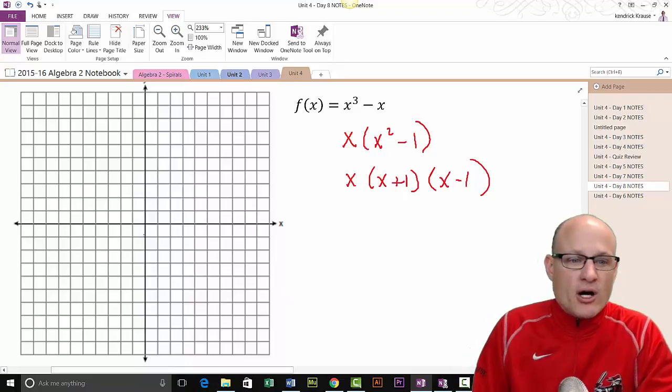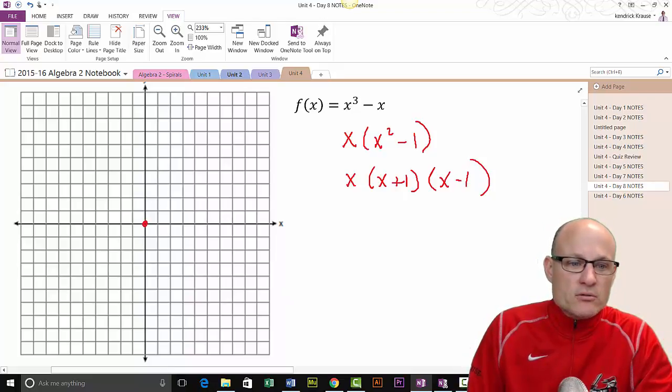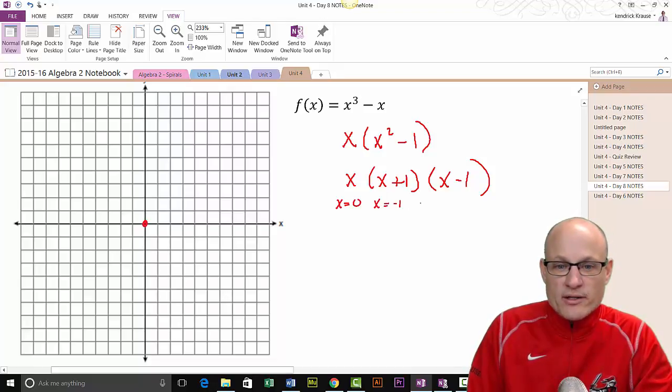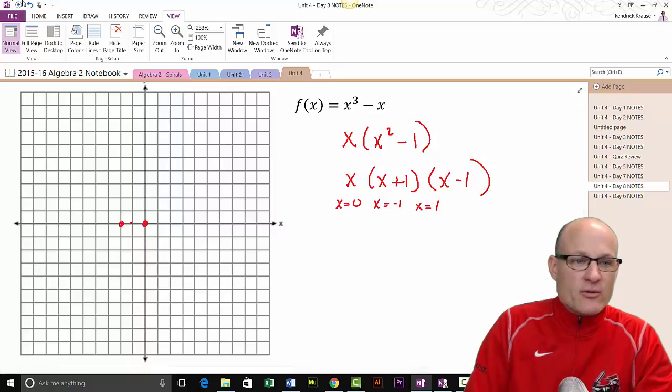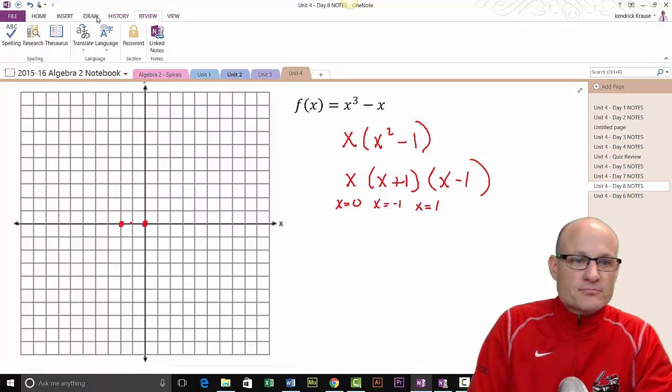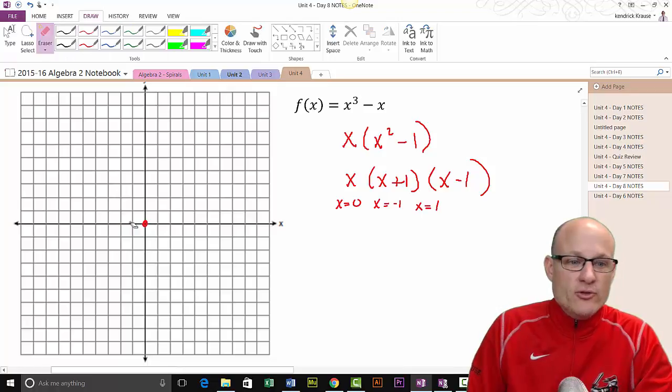So my roots are x equals 0, x equals negative 1, and x equals positive 1. Let's make 1 going over 2. Just that'll confuse you. I don't want to confuse you. Some of you are easily confused. So we'll just make it going over 1. Negative 1 and positive 1.